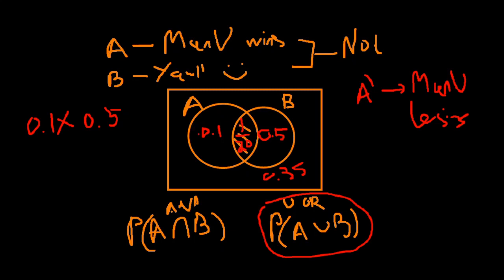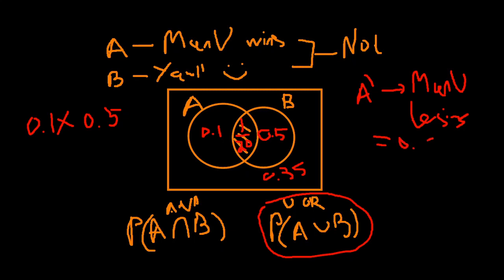The probability of Man U winning is 0.1 plus that 1 over 20. That's 0.15. And then, since all probabilities add up to 1, you can just say 1 minus the probability of Man United winning. That gives you 0.85.